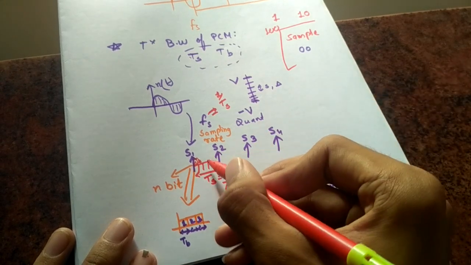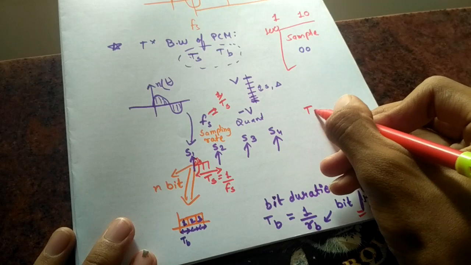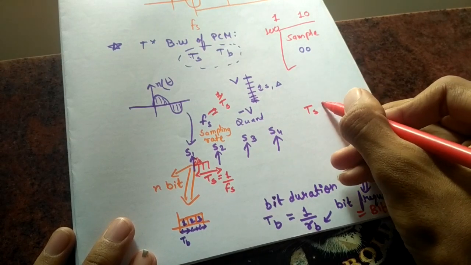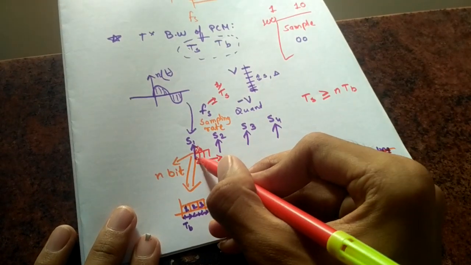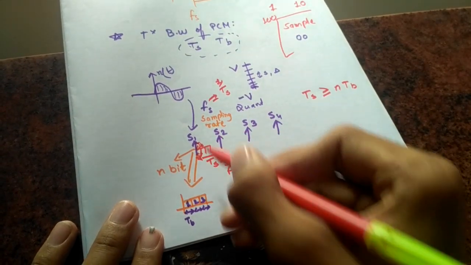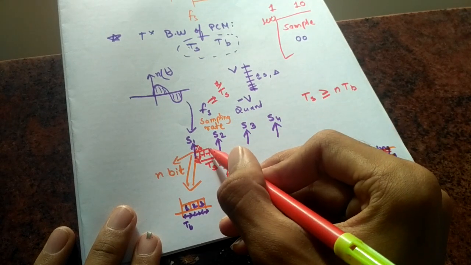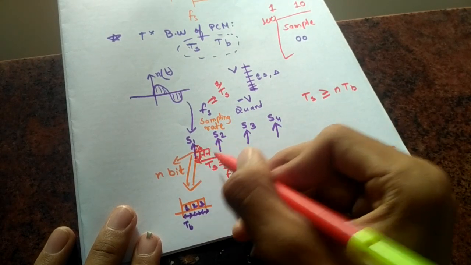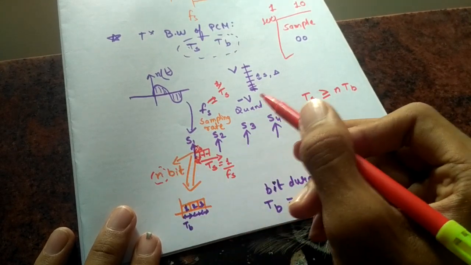So obviously this interval Ts should always be greater than or equal to n times Tb, because this is 1 Tb, this distance is also Tb, this is also Tb. Just for example purposes I have considered only 3 bits, but in general we are discussing an n bit sample.